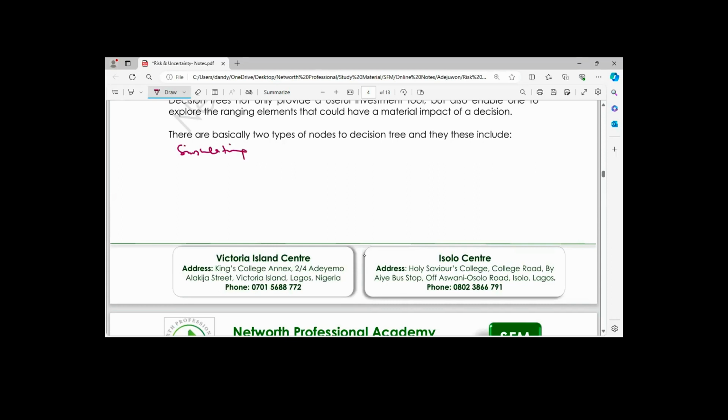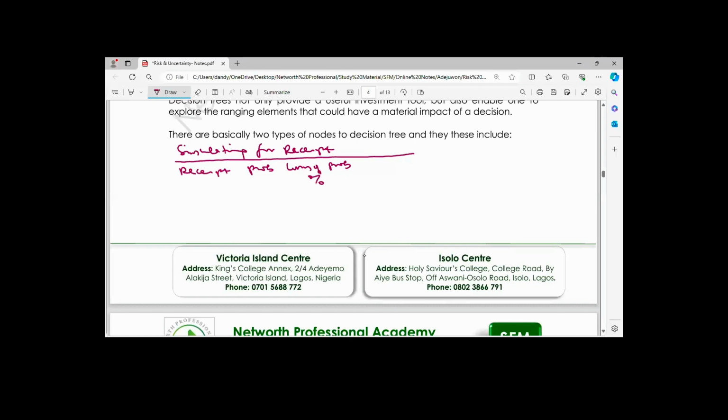Simulating for receipts. So we are going to create 5 columns. Column 1 is the receipts. Column 2 is for probability. Column 3 is the cumulative probability in percentage.